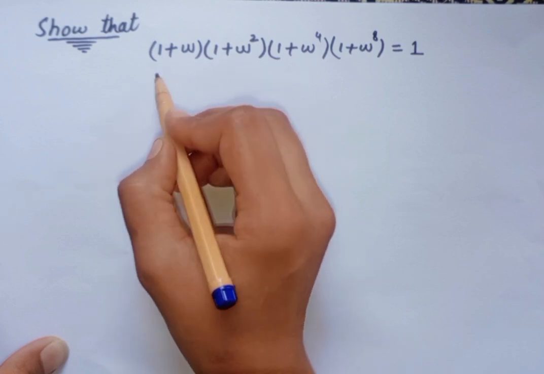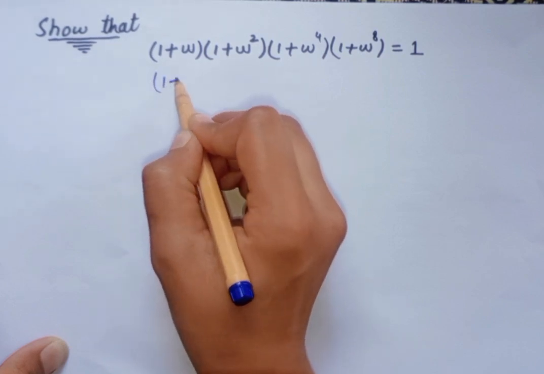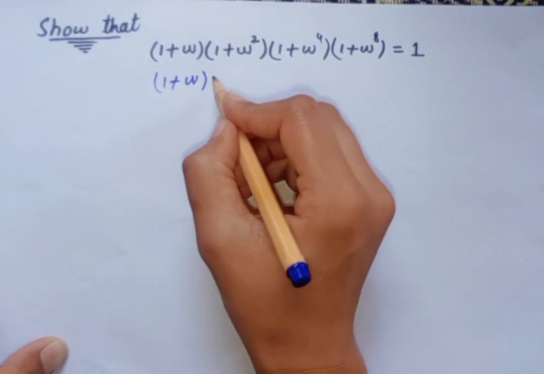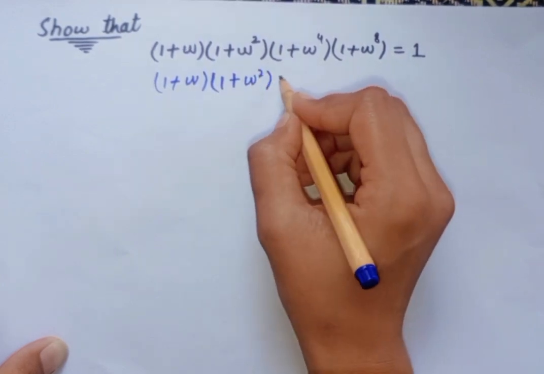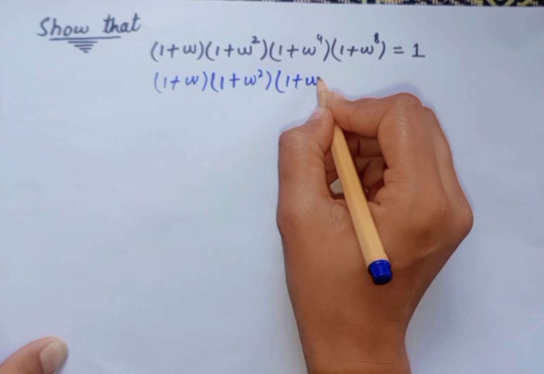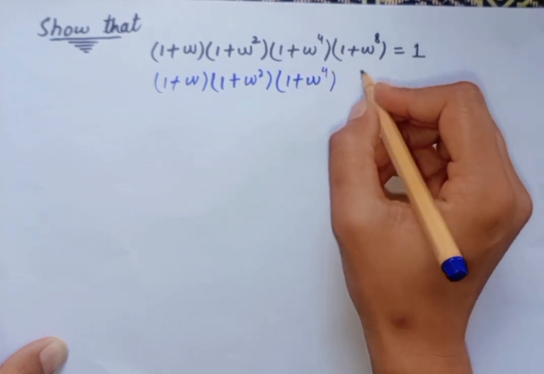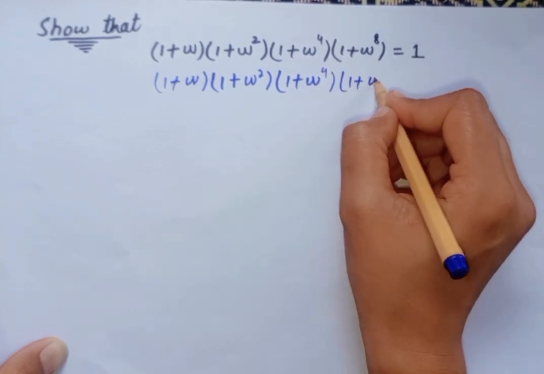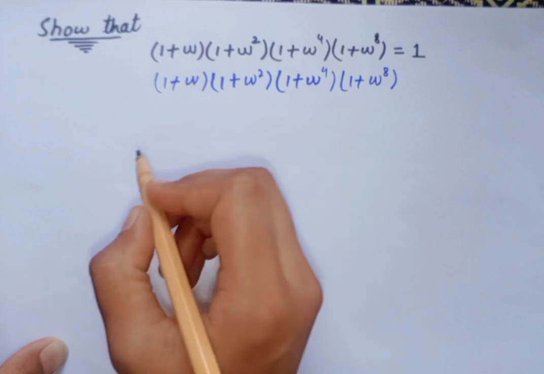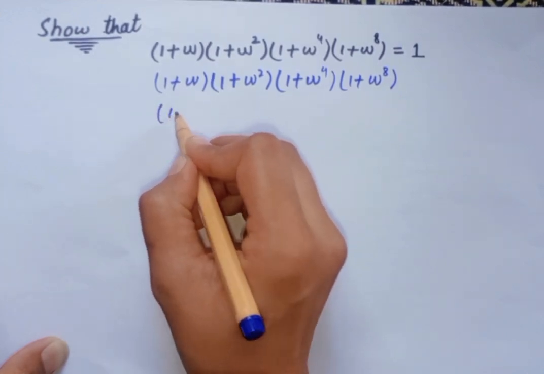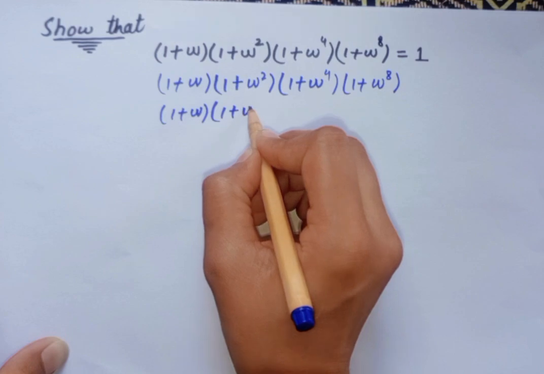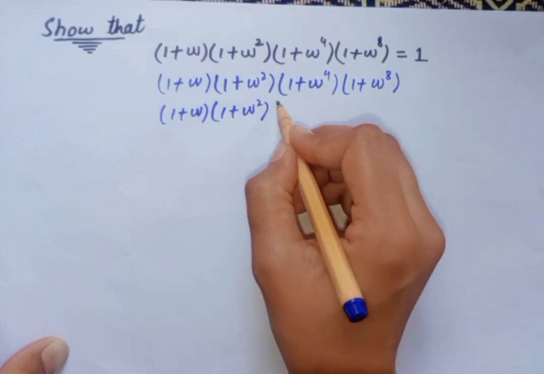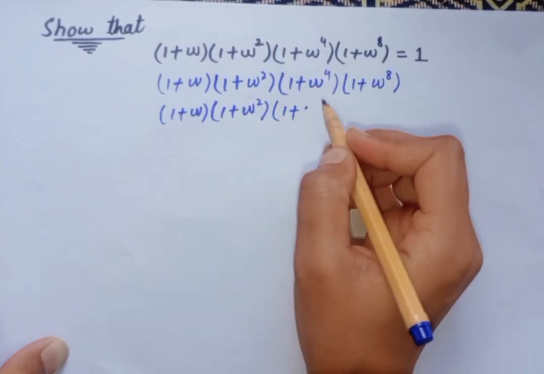Taking the left hand side: (1 + ω)(1 + ω²)(1 + ω⁴)(1 + ω⁸).